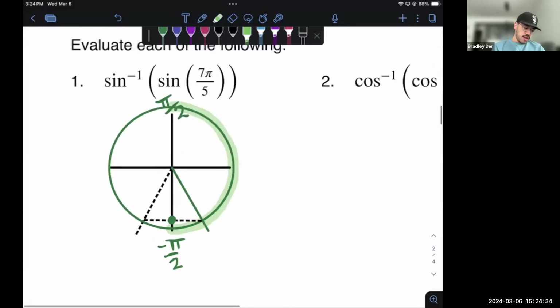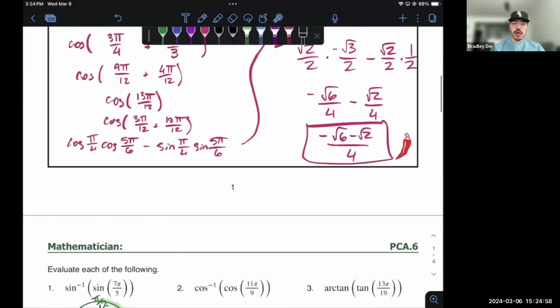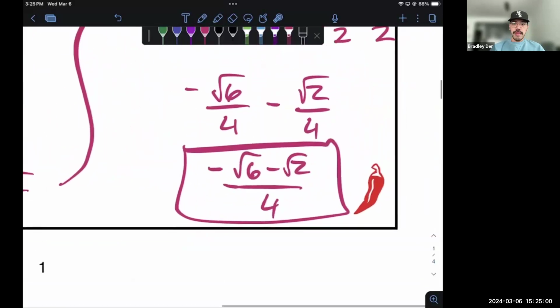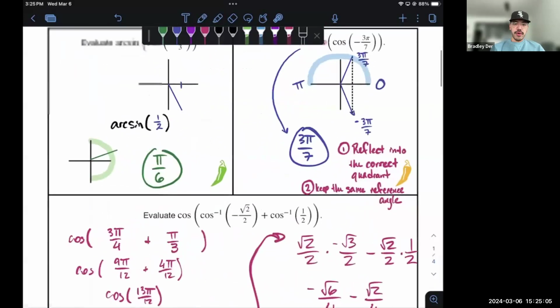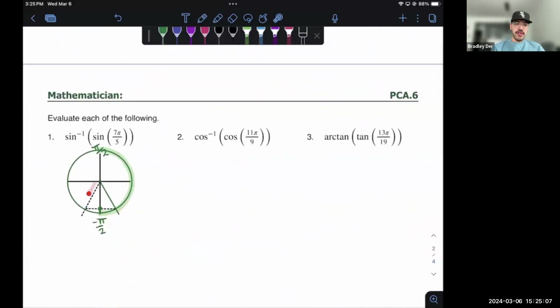But I'm not going to use 7 pi over 5 as the final answer, because if we're evaluating inverse sine, I would need an output that resides in the interval from negative pi over 2 to pi over 2. Based on what we talked about up here, reflecting into the correct quadrant, we did that. We were in quadrant 3, not relevant to inverse sine.